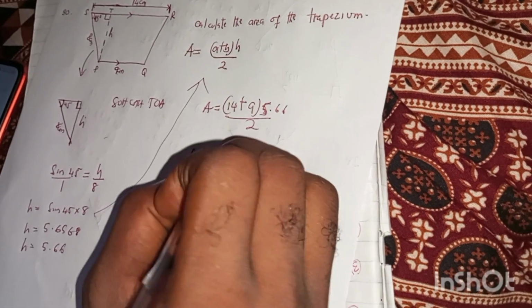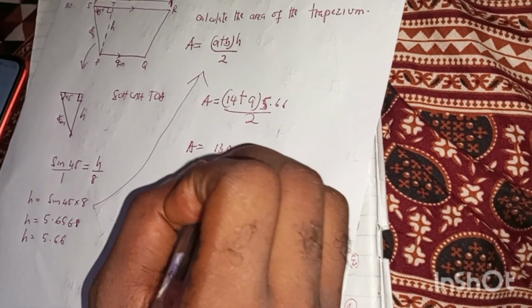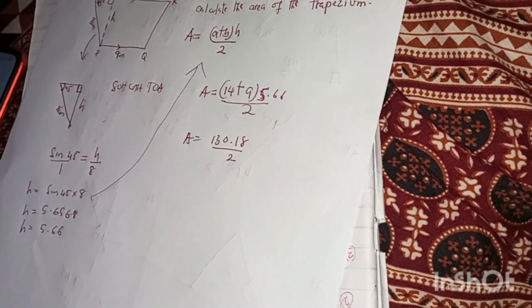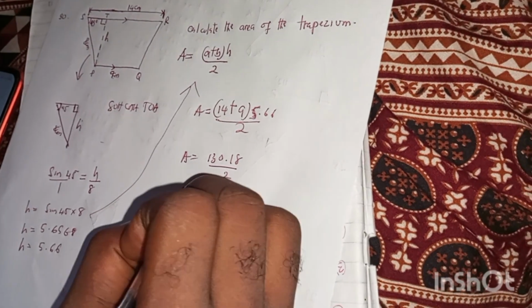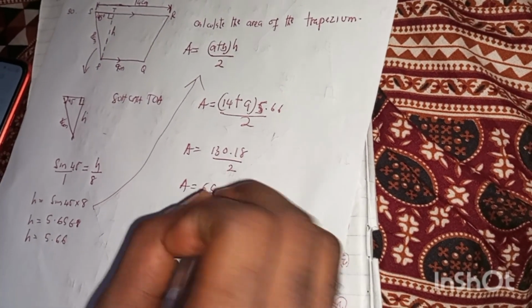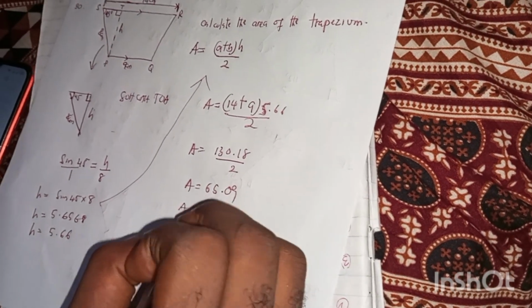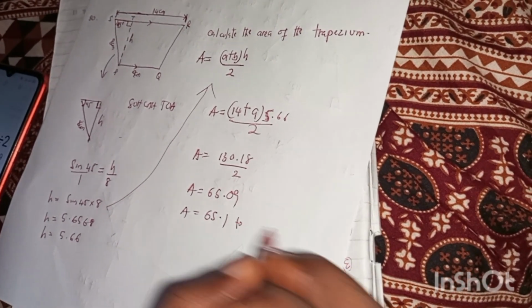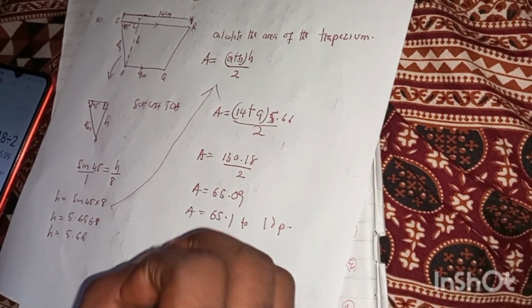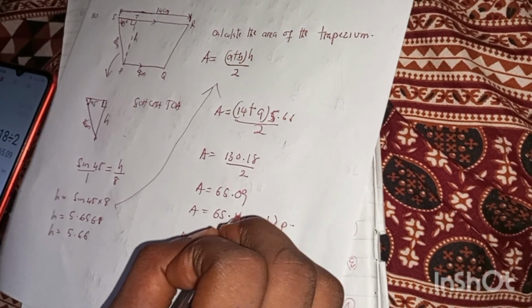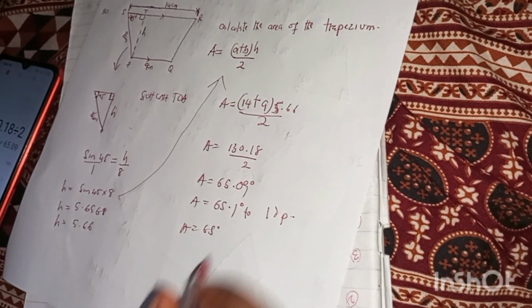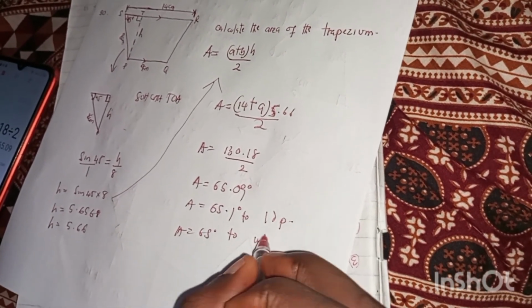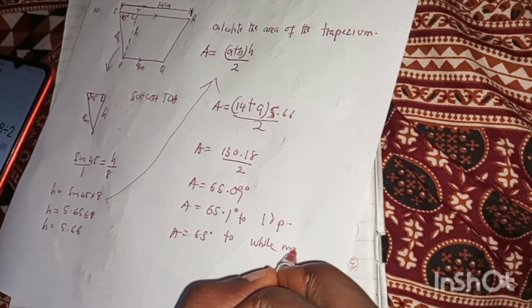So A is going to be 130.18 all over 2. And that's going to give us 65.09. So that's going to be 65.1 to the nearest 1 decimal place, or just 65 to the nearest whole number.